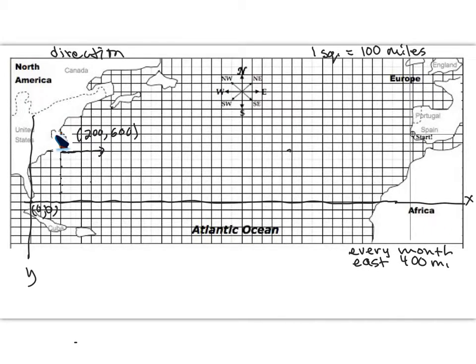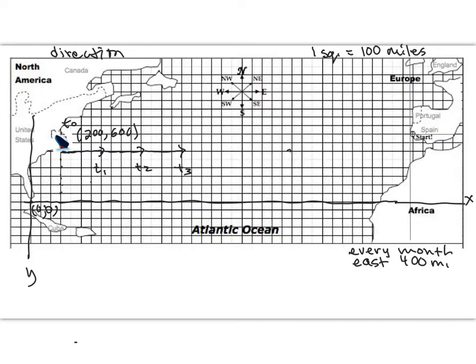So that'd be after month 1. So this would be my starting point times 0. This would be after 1 month. And 2 months later, 1, 2, 3, 4, I'd be here. 3 months later, I'd be here.